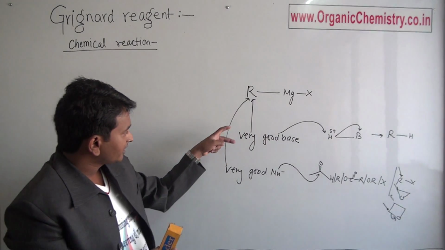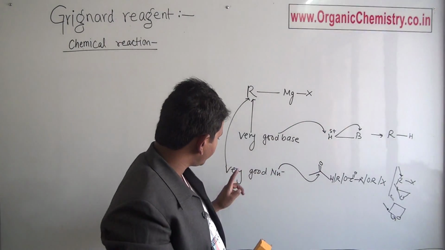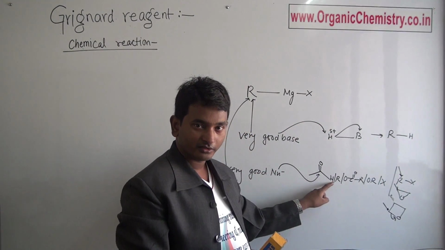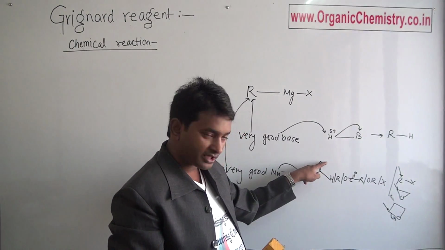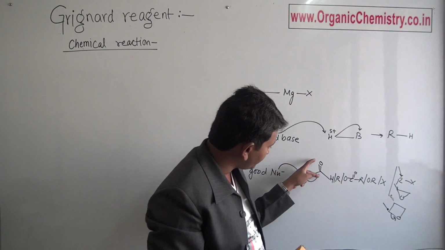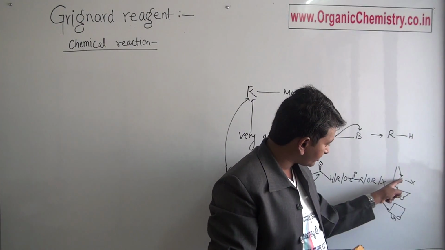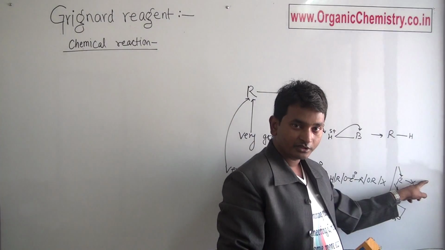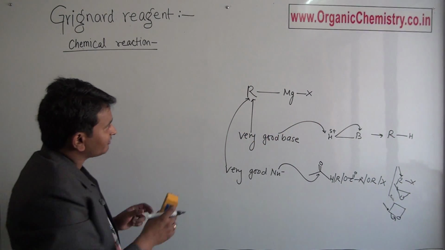So the chemical reaction may be acid base, the chemical reaction may be nucleophilic. If the pi bond is broken, hydrogen is attached, so the chemical reaction may be nucleophilic addition. If the nucleophile attacks over this part, halogen is replaced, so it may be nucleophilic substitution. So we will take one by one.